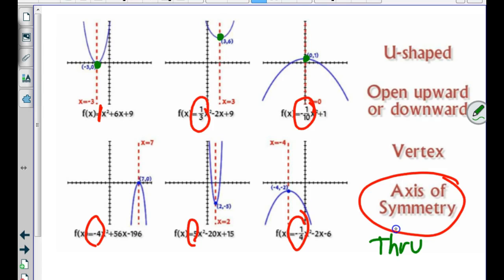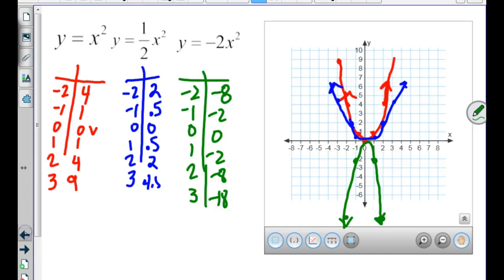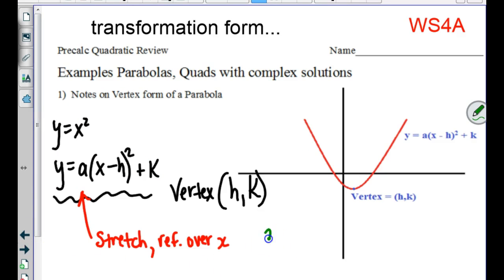And for these parabolas that we're learning today, the axis of symmetry is vertical. So it is x equals something, and it would be x equals h, because it goes through the x of the vertex. So back to that first slide real quick. You might want to write the axis of symmetry equation is x equals h.